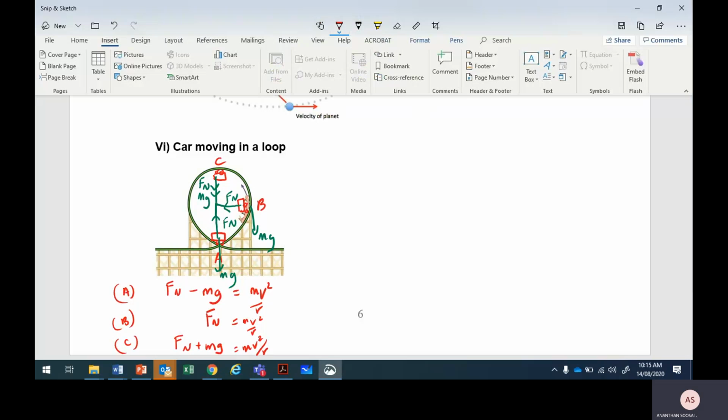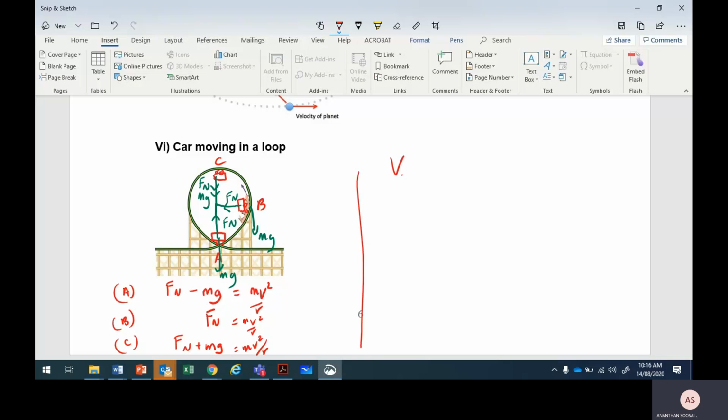Maximum speed does not matter here because we hope the track is strong. They never asked about maximum speed in this loop. Minimum speed, okay, we can work out the minimum speed.